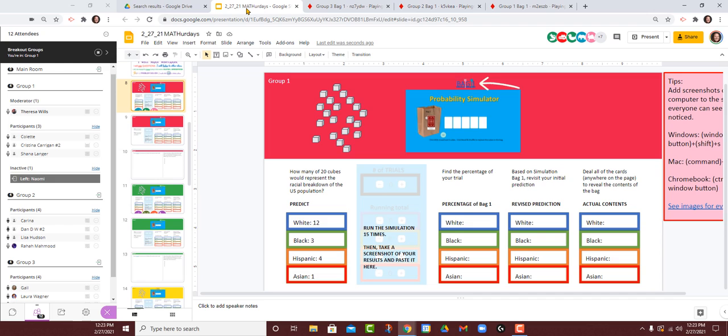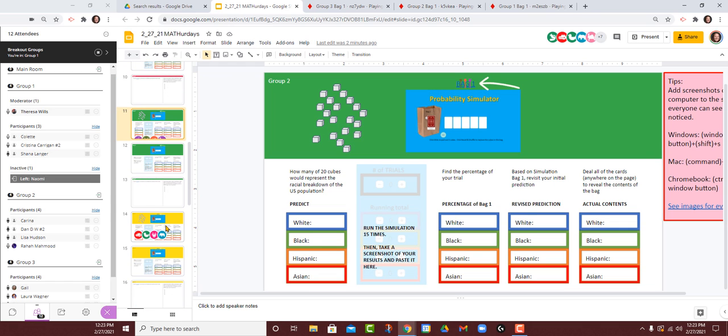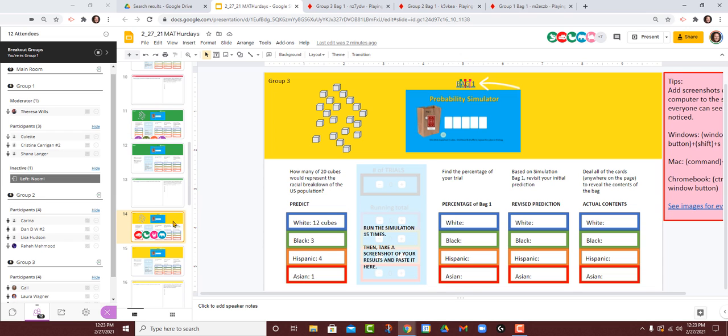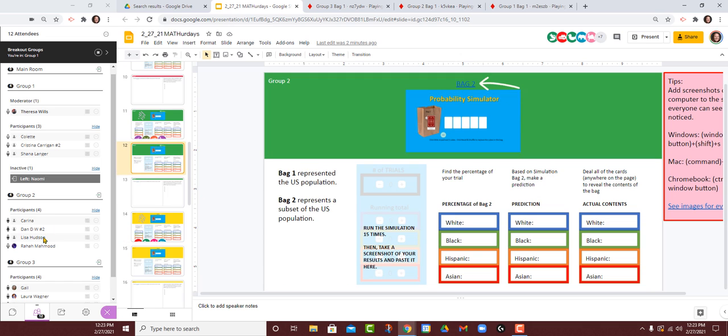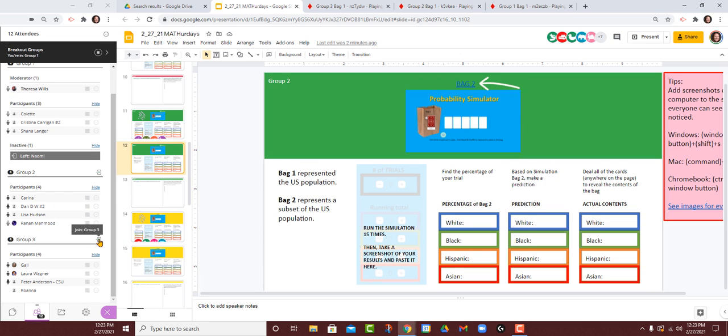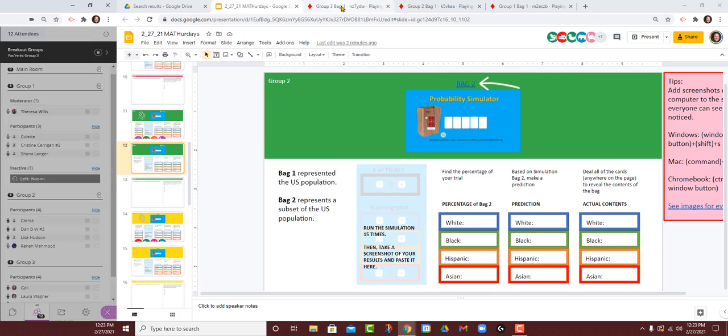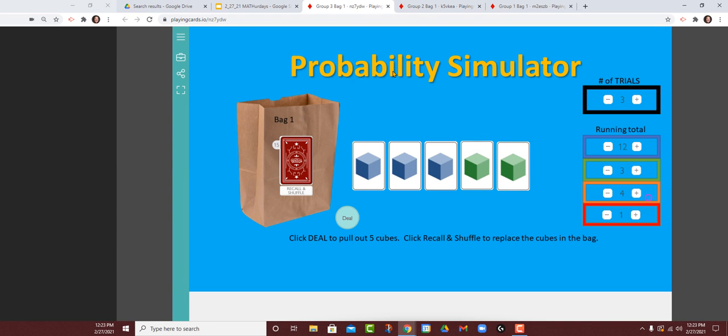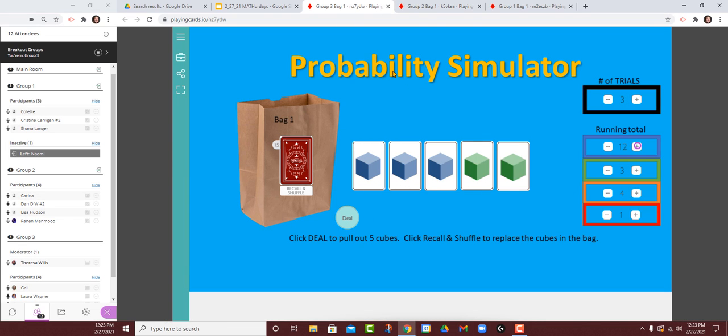Okay. Somebody make sure I'm totaling this right. So then we would add 1, 2, 3 to blue, 1, 2, 3, and then to green, 1, 2.